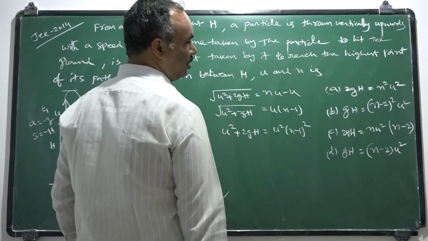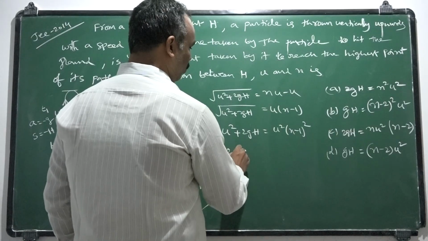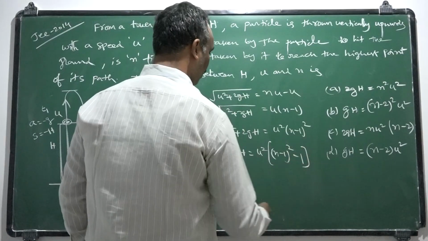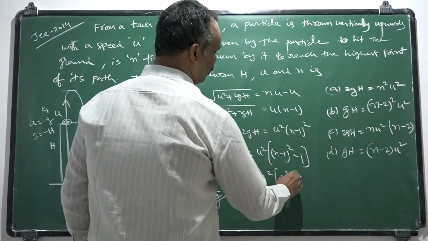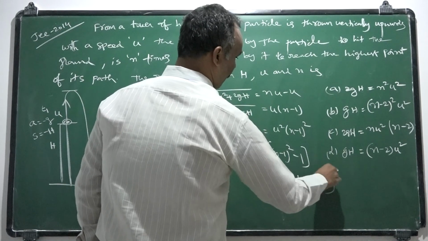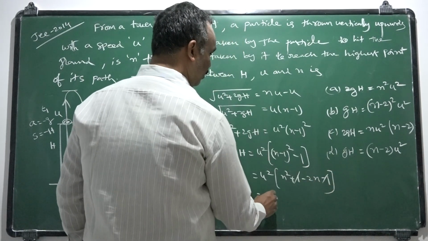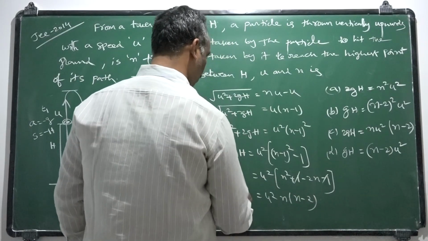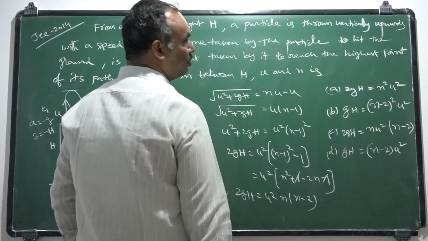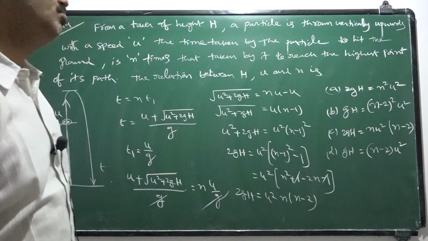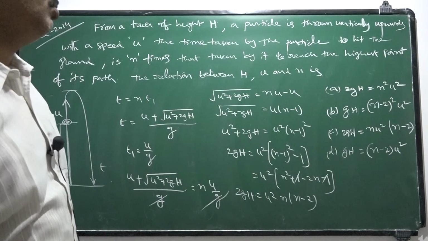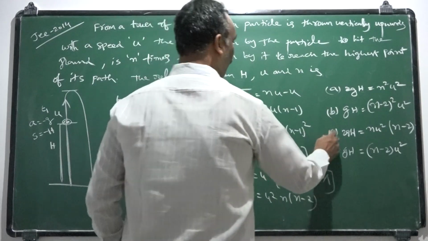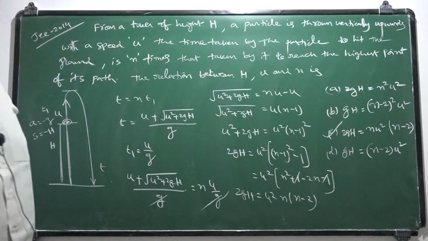If you want to further simplify this, 2gh is equal to u square, you can take common, n minus 1 whole square minus 1, that is u square into n square plus 1 minus 2n minus 1. The plus 1 and minus 1 get cancelled. So u square n into n minus 2 is equal to 2gh. So this option is the right option for the given question.